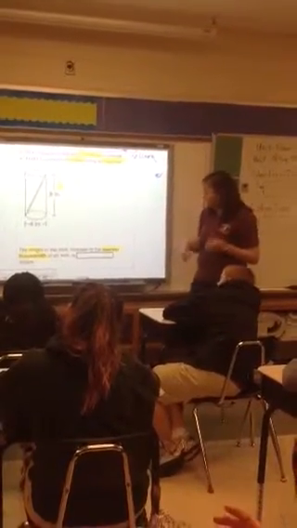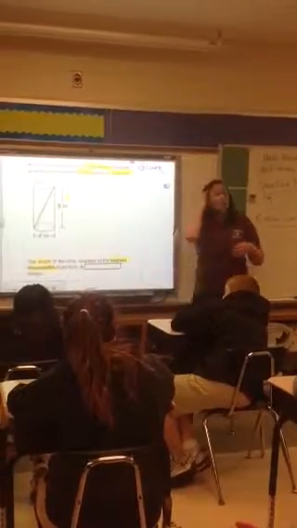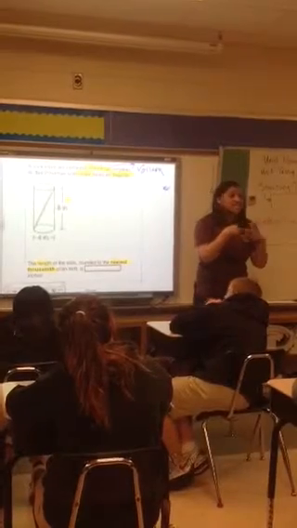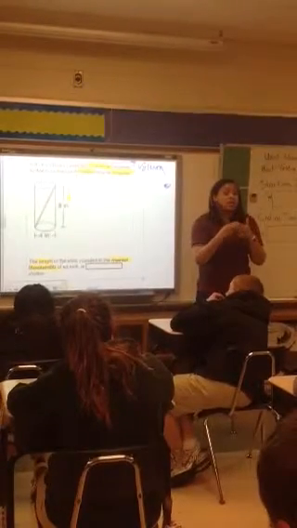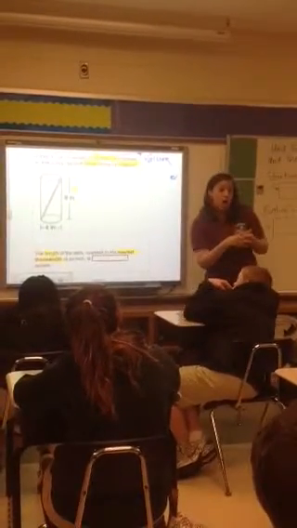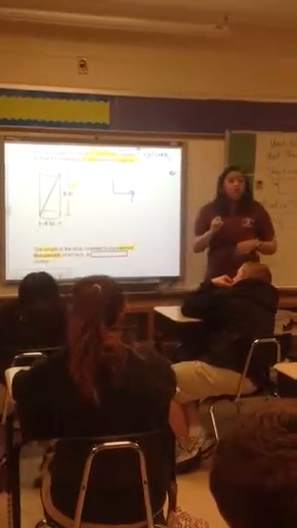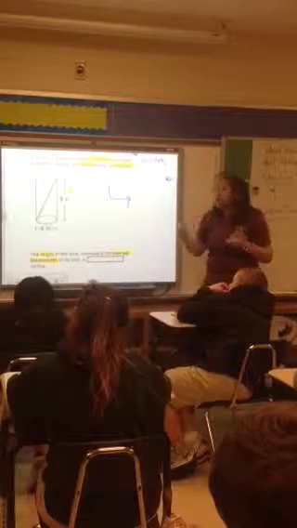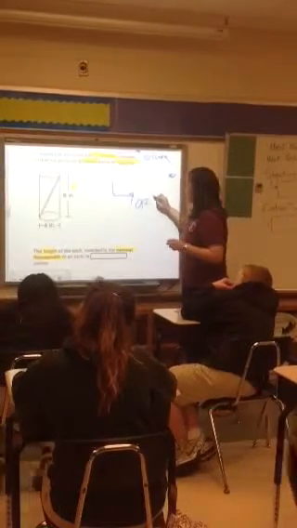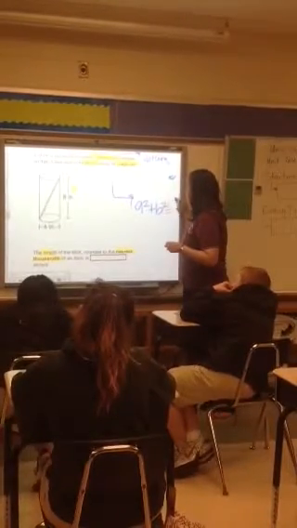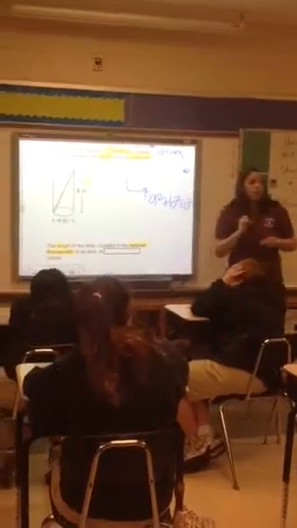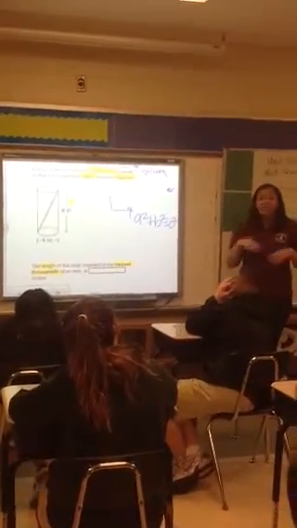Talking about bases, talking about diagonal. Automatically, bases and diagonal signal me to a theorem that we learned, which is the Pythagorean theorem. So what I'm going to do is draw my little arrow and write my formula: a squared plus b squared equals c squared. Now, let's think about this.